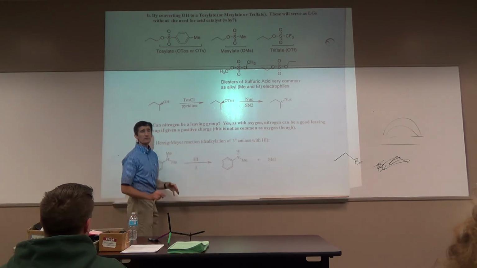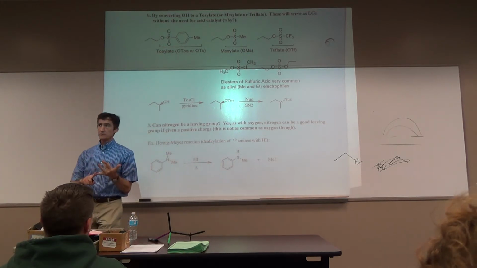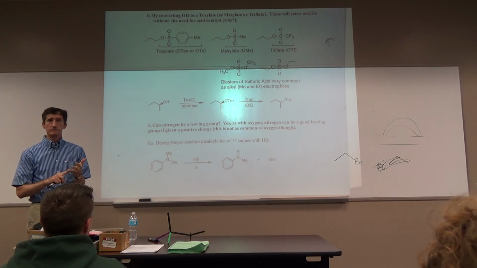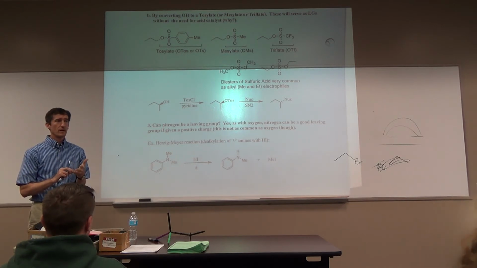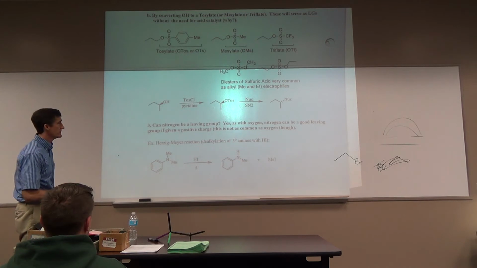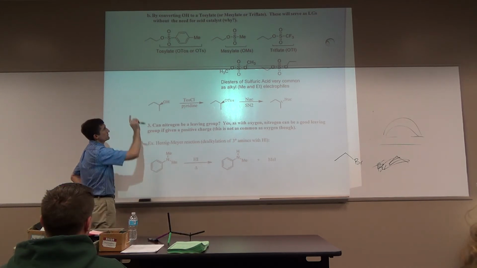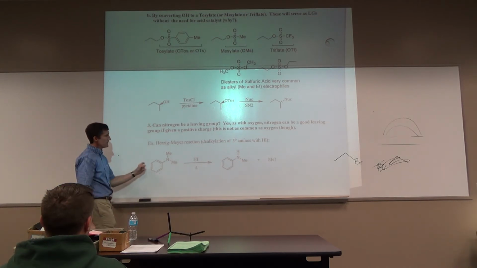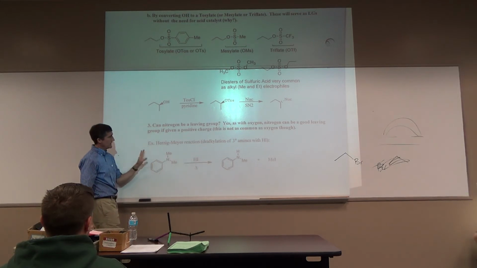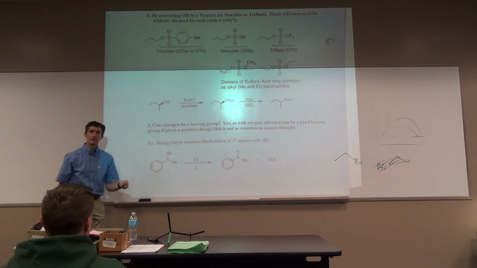In fact, the only leaving groups that will leave on their own are your halogens and your tosylate. Those are your good leaving groups as is. Protonated oxygen, that's another way to make it. Protonated nitrogen, look at this. This is a special reaction. It's called a Hofmann-Meyer reaction.